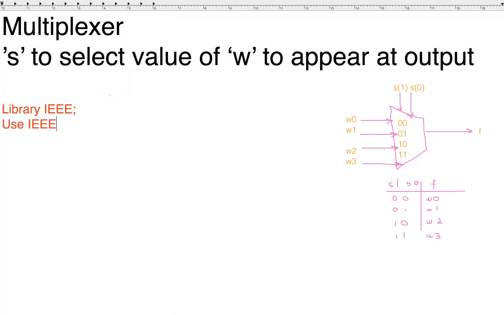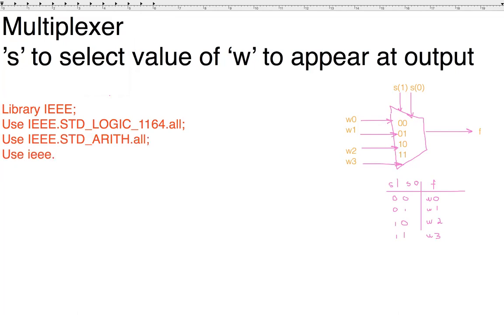Use IEEE.std_logic_1164.all; use IEEE.std_logic_arith.all; and then the last one, if you guys recall, was use IEEE.std_logic_unsigned. And I just noticed I forgot my logic here for arithmetic.